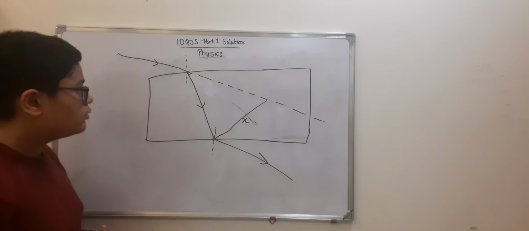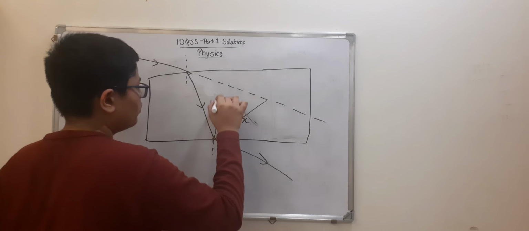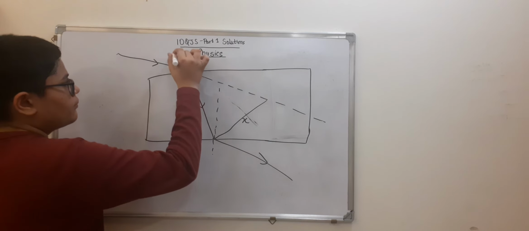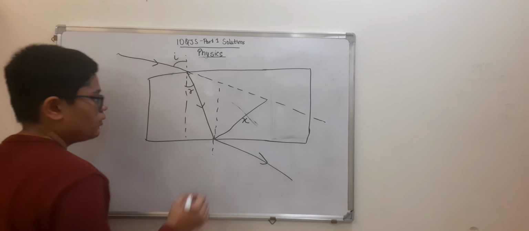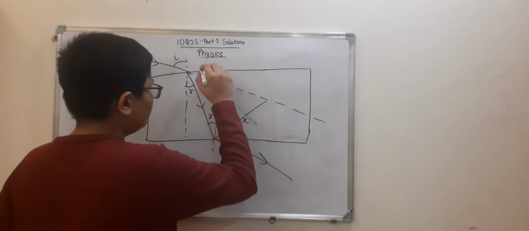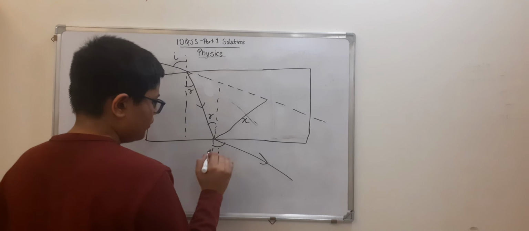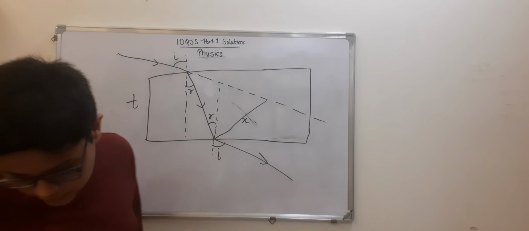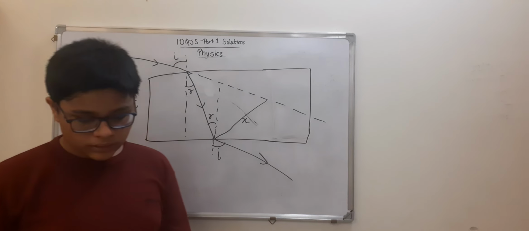Now this is I, this is R and this is R, and now this is I, and this is given as T, the thickness.